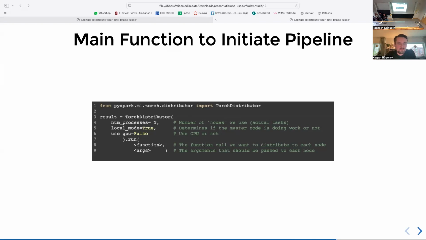Local mode is the toggle for whether you want to have the driver or master node to be involved in the training job. And you can also switch between GPU and a regular CPU. And after that, you just call this run function. And the function there is the training, or can be a Python script you give it. And the arguments are other hyperparameters you want to specify, for example, number of epochs and learning rate, etc.